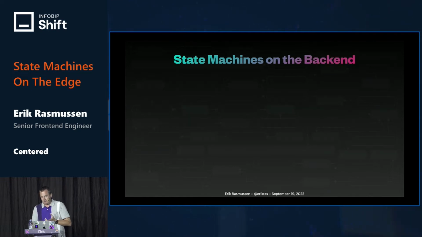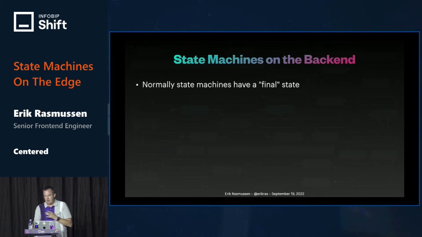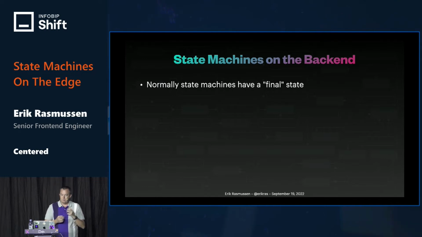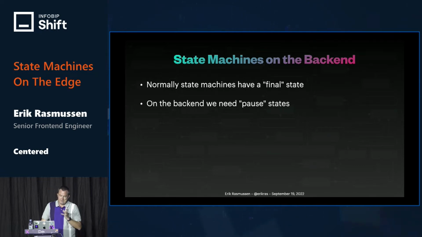But things are a little bit different on the back end, because on the front end, normally state machines have a final state. Either you shut them down because you change the UI, or you get to a final state where the machine shuts down and then it's no longer listening to events or anything. But on the back end, we need what I'm calling pause states.